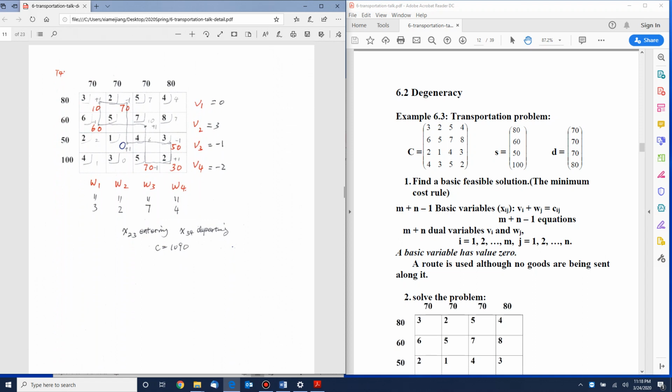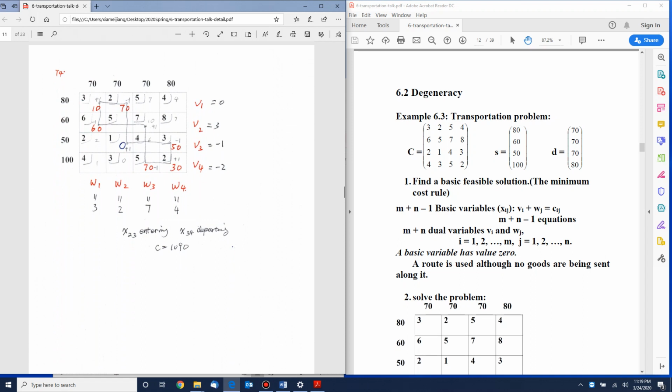So in this way, we set V1 equals 0. And when V1 equals 0, we can find W1, W2 equals 3 and 2 separately, right? And then when we have W1 equals 3, we can get V2 equals 3.